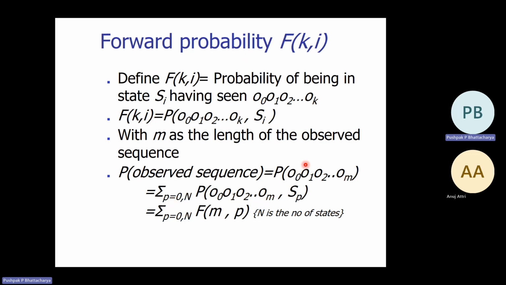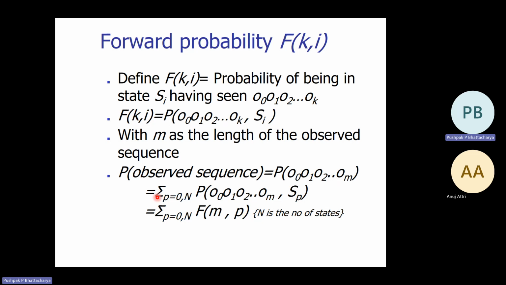After seeing the whole observation sequence, the machine can be in any of the states SP, where P goes from 0 to N. N plus 1 is the number of states. Therefore, the probability of the observation sequence is the sum of the forward probability of the whole string, comma P, varying over all the states.